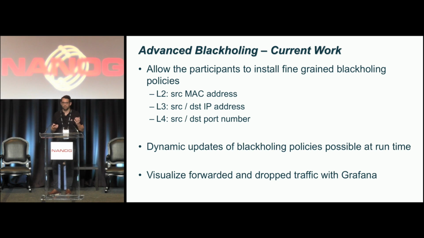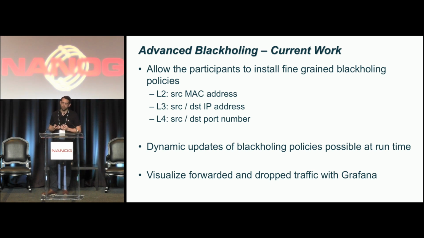For instance, just getting rid of UDP traffic helps a lot, or just discarding traffic to a certain transport layer port. We can also dynamically update the blackhole policies as we wish in a sub-second time window. So if something changes, it is very dynamic and responsive, and we can change the flows very fast as well.